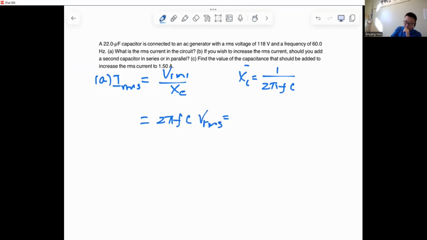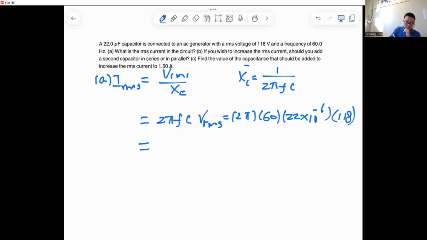So we do 2 pi, F is 60 Hertz, keeping everything in SI units, and C is 22 micro, times 10 to the minus 6, and then VRMS is 18.